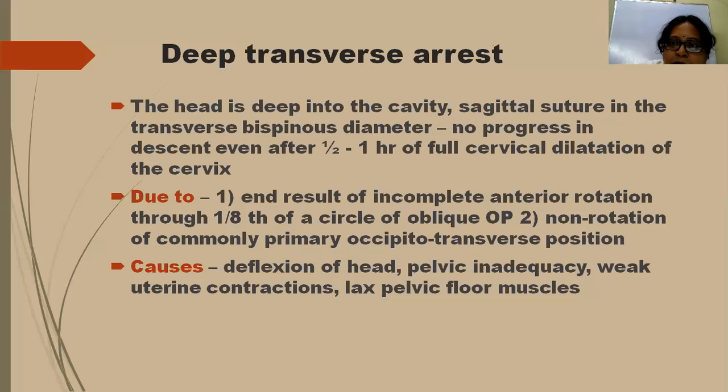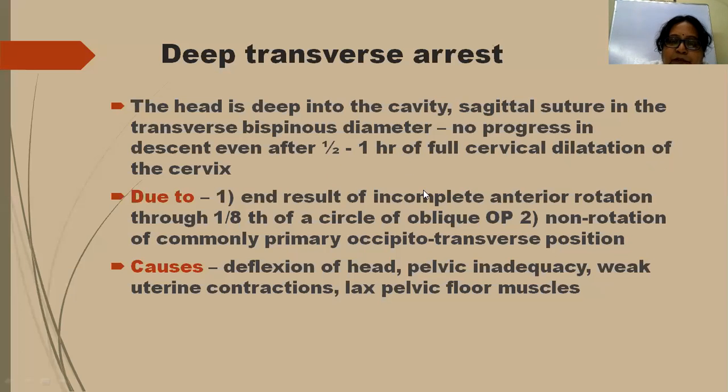Because we have to assess when there are good uterine contractions and full cervical dilatation. Even after that, if the baby is not delivered, then you have to assess the degree of flexion and the level of obstruction.